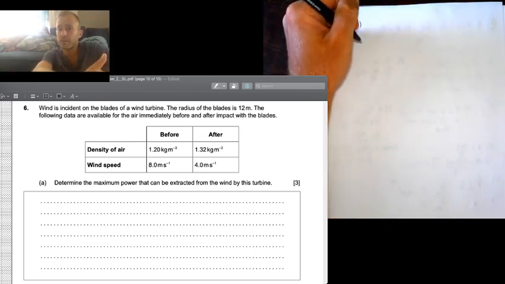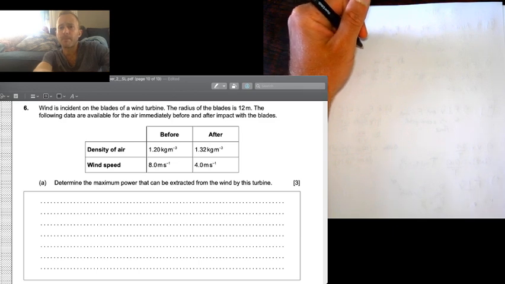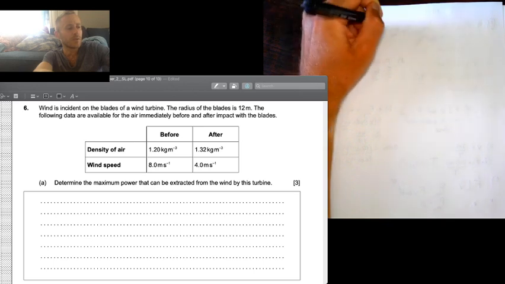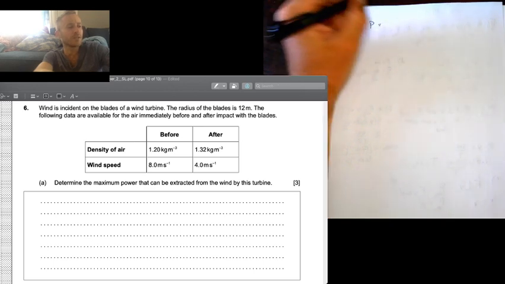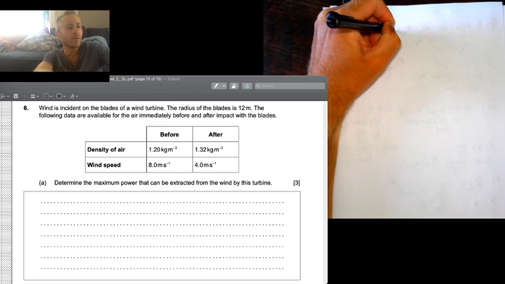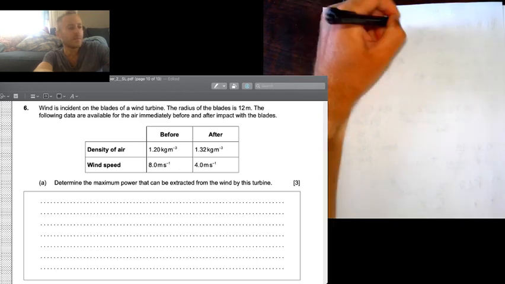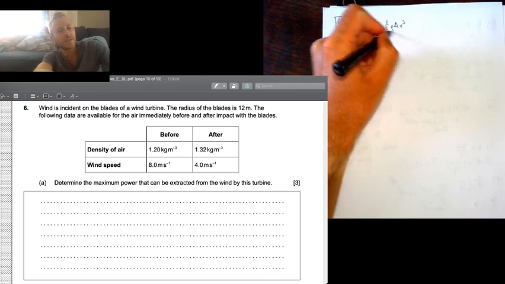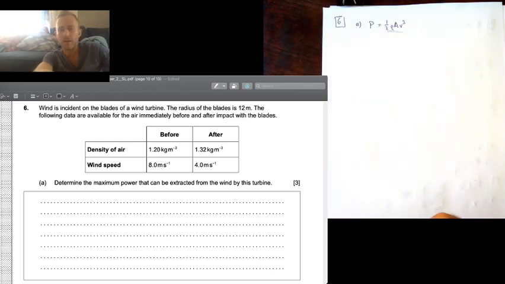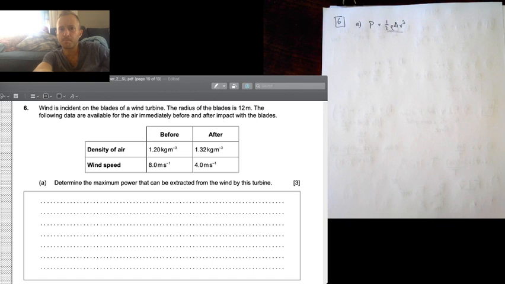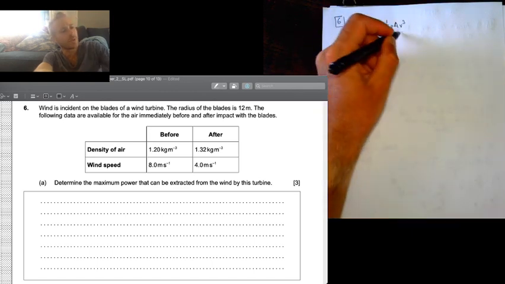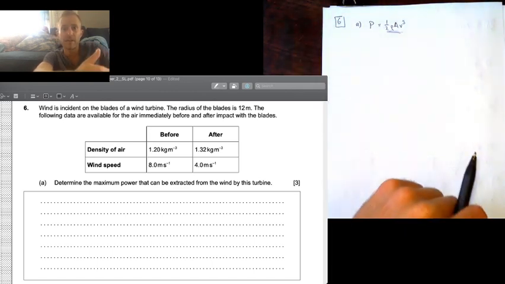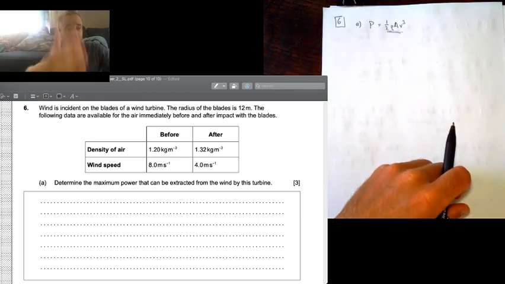So I taught you an equation for the power from a wind turbine, and I said that it was 1/2 rho A v cubed. This equation is assuming that the air is basically coming to a stop.